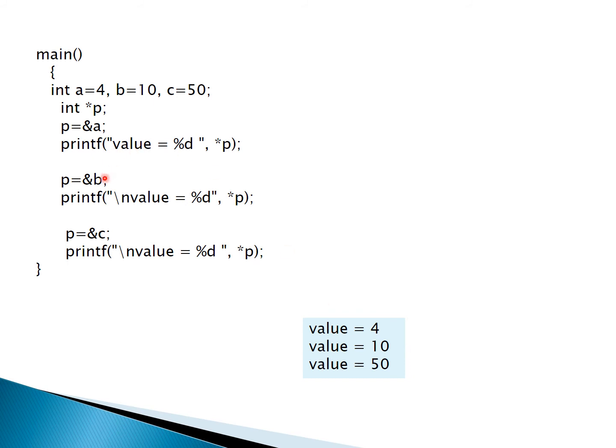4. Then we will assign the address of the second variable, the b variable, to the pointer, and then using the dereference operator, the output will be 10. Then we will change the address, and now the address of c will be assigned to the pointer, and the output will be 50.